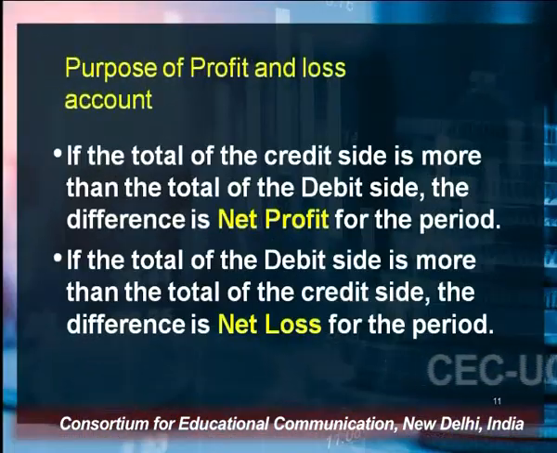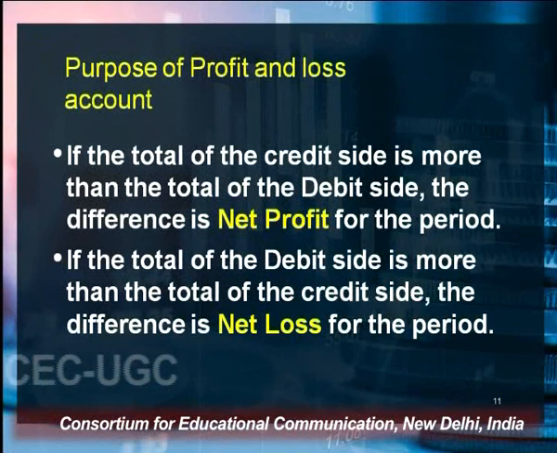So by preparing profit and loss account, we can calculate the net profit or net loss which is earned by the enterprise. If the total of the credit side is more than the total of the debit side, the difference is known as net profit. If your income exceeds the expenses, then the difference is known as the net profit.